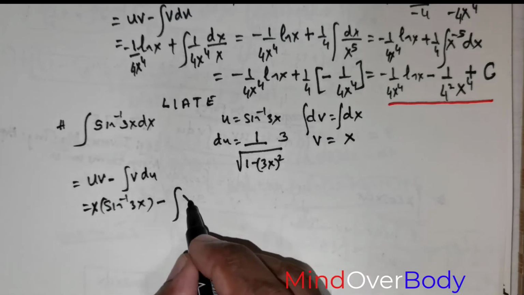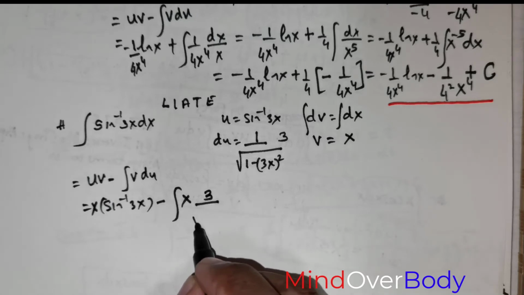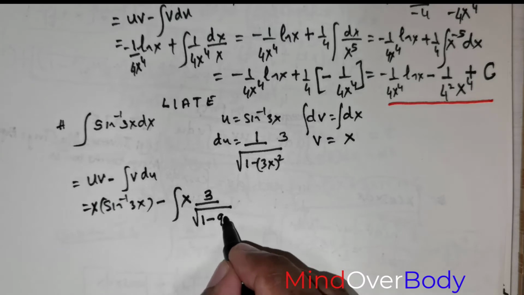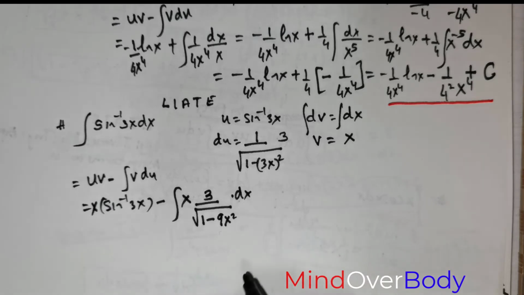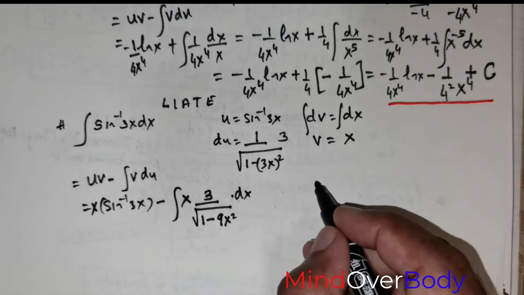My v is x, my du is 3 over root of 1 minus 9x squared times dx. So this is what I've got. Now what I wish to do is use integration by substitution techniques.